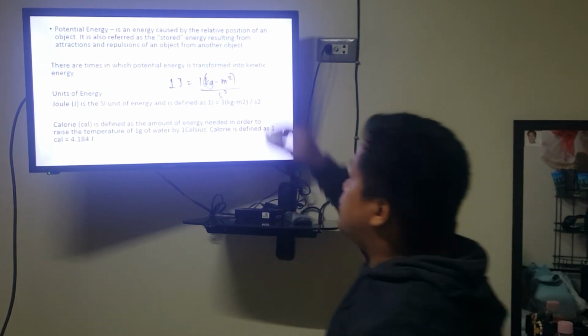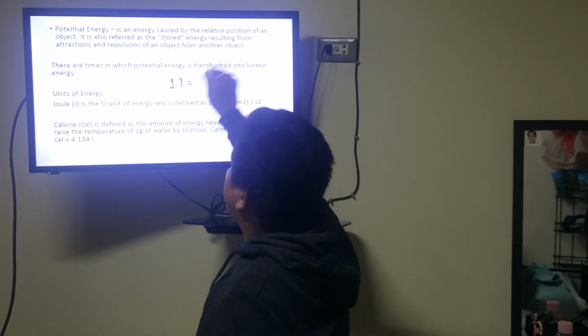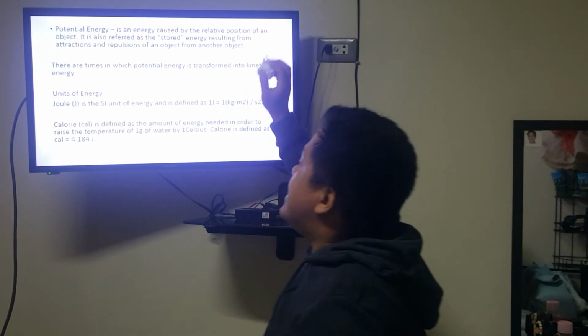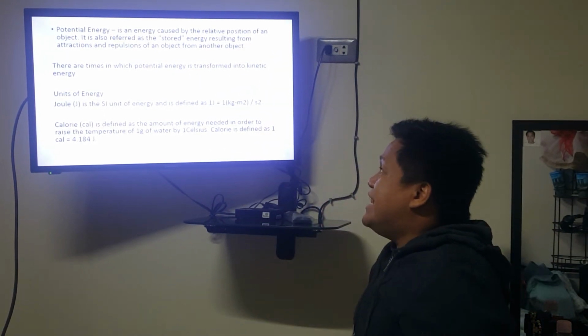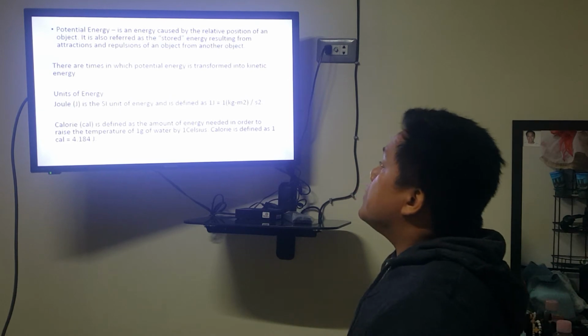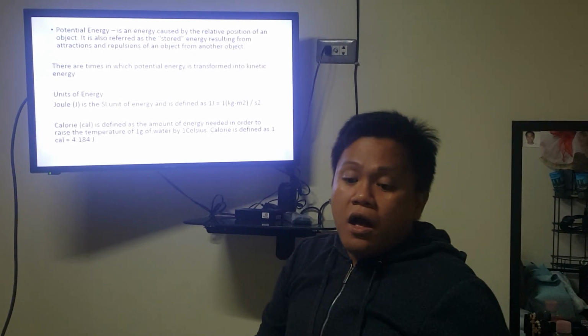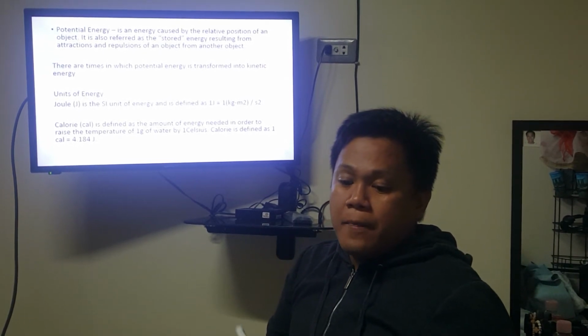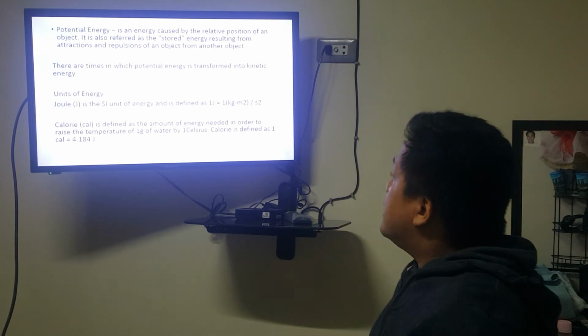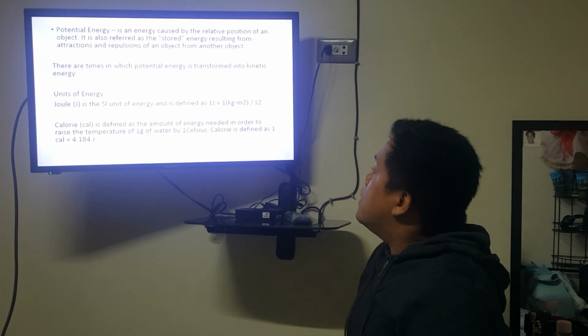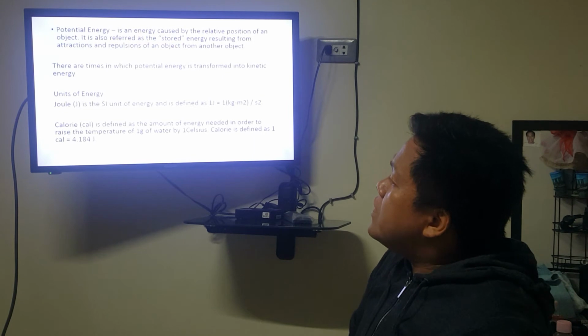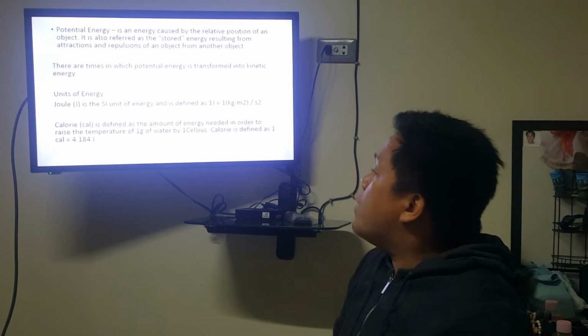Next is the calorie. A calorie, or cal, is defined as the amount of energy needed to raise the temperature of 1 gram of water by 1 Celsius. 1 calorie is equivalent to 4.184 joules.